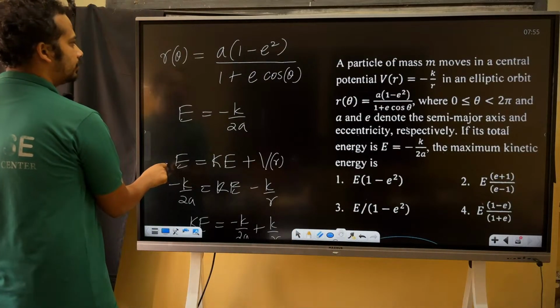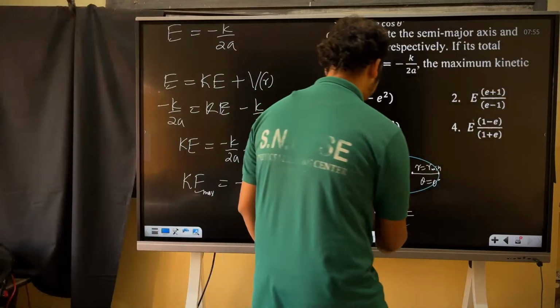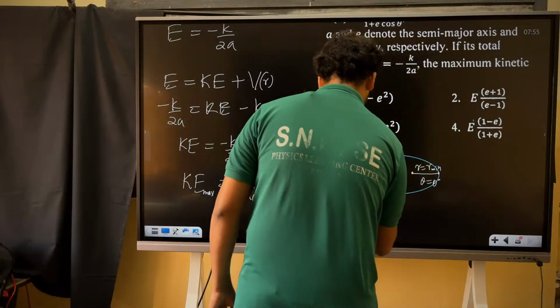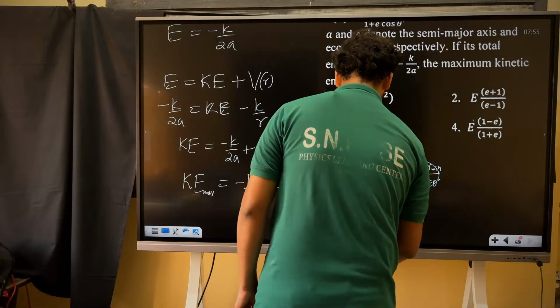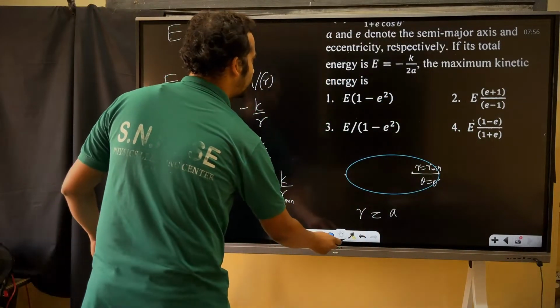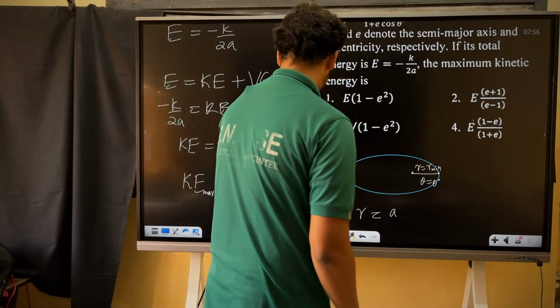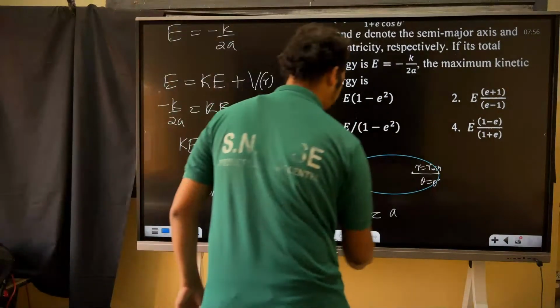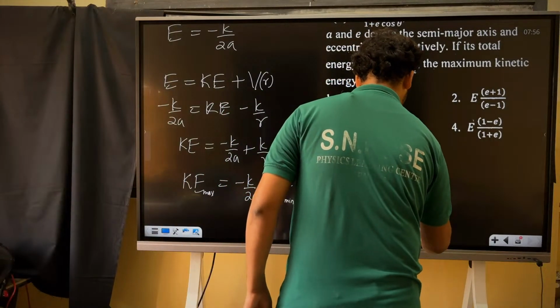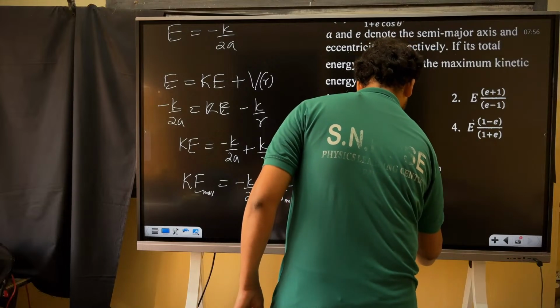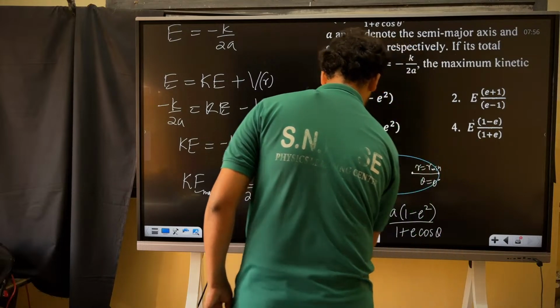R minimum is equal to, wait a second, I'll write r one more time. What is r? r equals a into 1 minus e squared divided by 1 plus e cos theta.